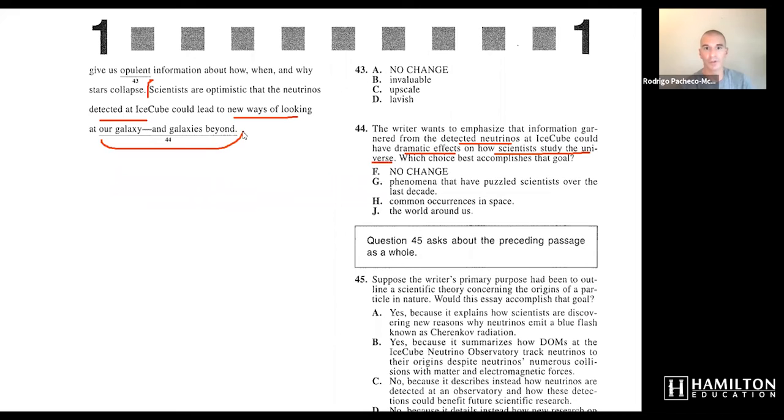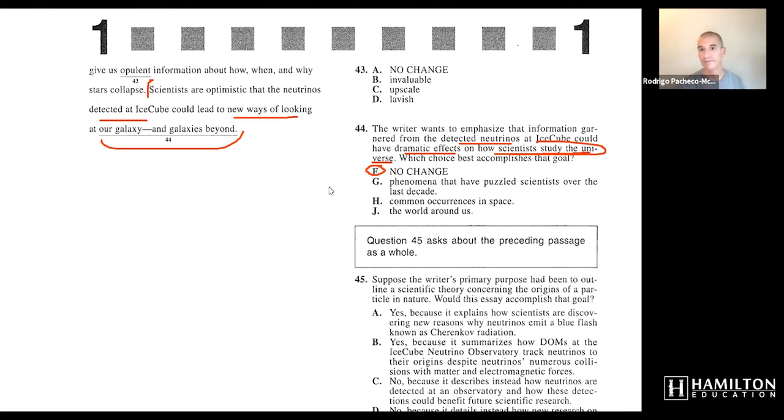In other words, the universe, because our galaxy and galaxies beyond our galaxy are in the universe. So it's a more subtle way of getting at this idea that this could have a dramatic effect on how scientists study the universe. This is why F, no change, is our correct answer.